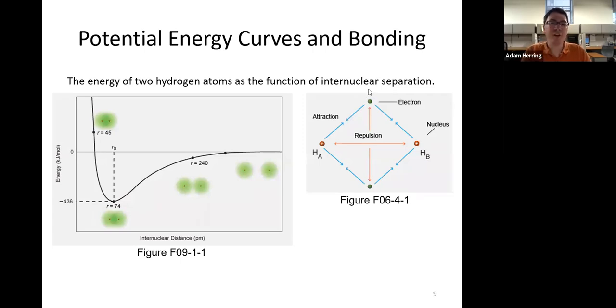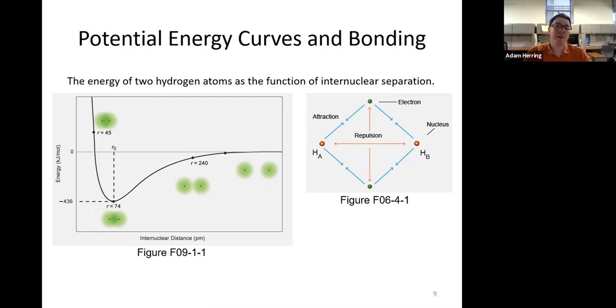So we've looked at these figures already back in chapter 9 and chapter 6 of the ebook. The figure on the left is looking at how the energy of two hydrogen atoms varies as a function of the separation between those atoms. The figure on the right looks at a simplistic model of the attractions that exist between the electrons and the nuclei, and the repulsions that exist between the nuclei and between the electrons of a two hydrogen atom system.